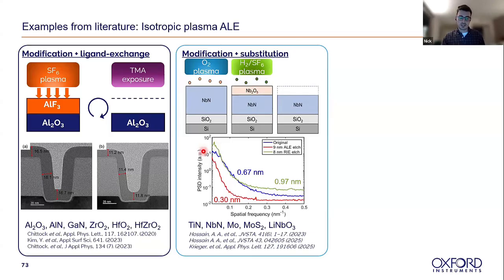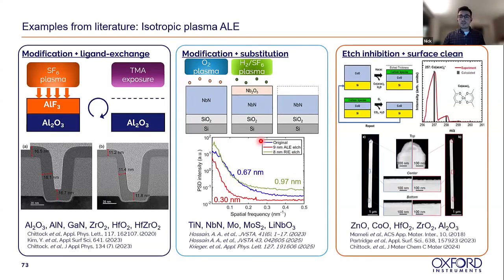This is very nicely demonstrated by indium nitride, where you get nice surface smoothing, whereas for the RIE process, there was actually surface roughening. And there's also etch inhibition and surface cleaning. This is a very interesting ALE chemistry. I won't go into too much detail, but essentially it's a continuous etch process that poisons itself. You'll have some organic etchant that will come in, absorb a small amount of the material, etch a small amount of material, and then absorb an etch stopping layer on the surface.